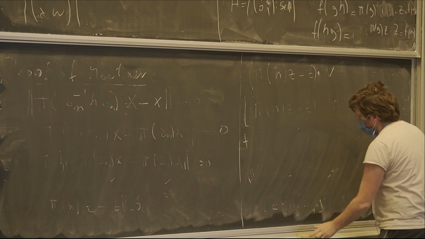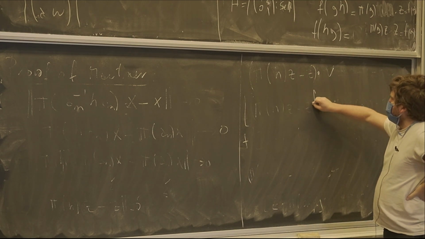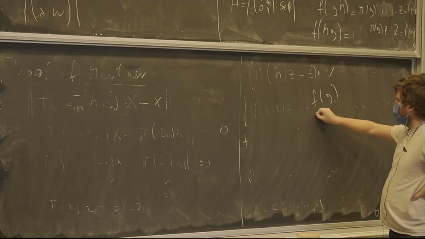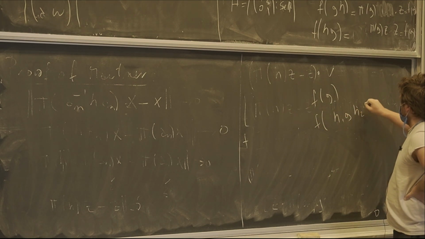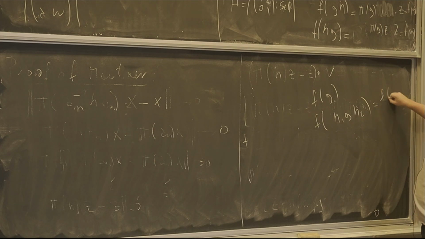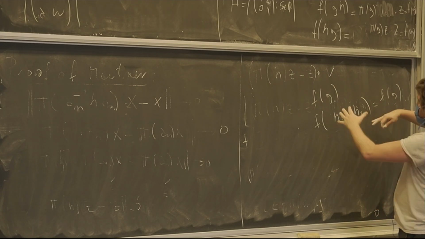What I mean with doing differently: I have f of g, and then I'm allowed to multiply on the left by h1 and on the right by h2, and this is always f of g. And the question is how much I could multiply. Well, this requires some discussion, which one could do through linear algebra mostly. They do it more symmetrically, which is still some sort of linear algebra. So how far can you go.